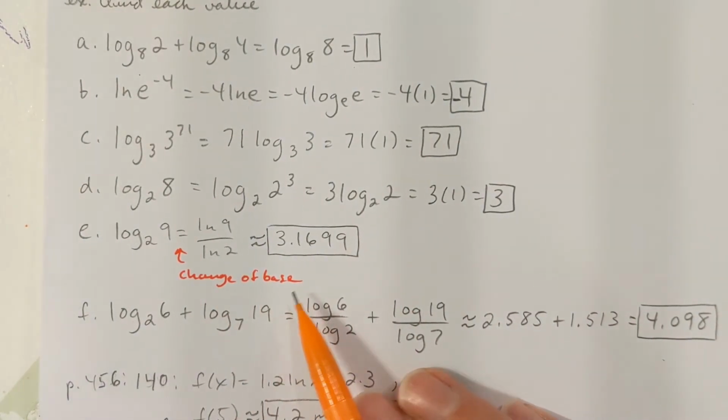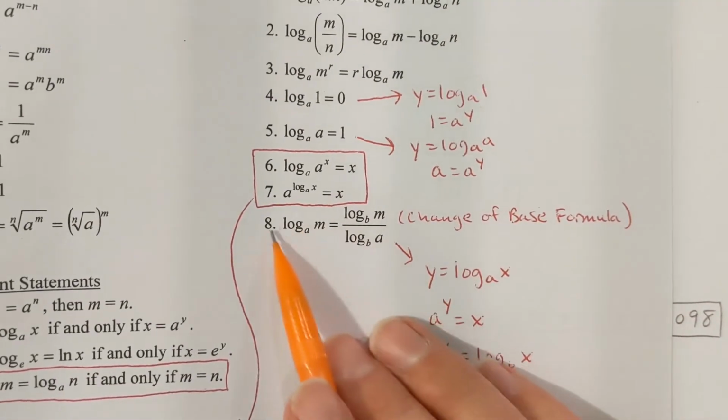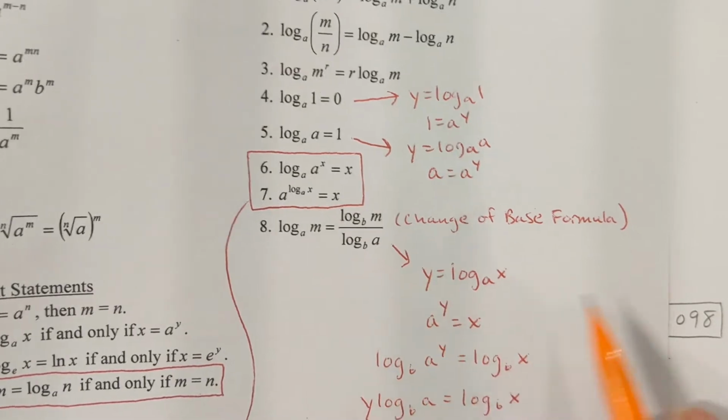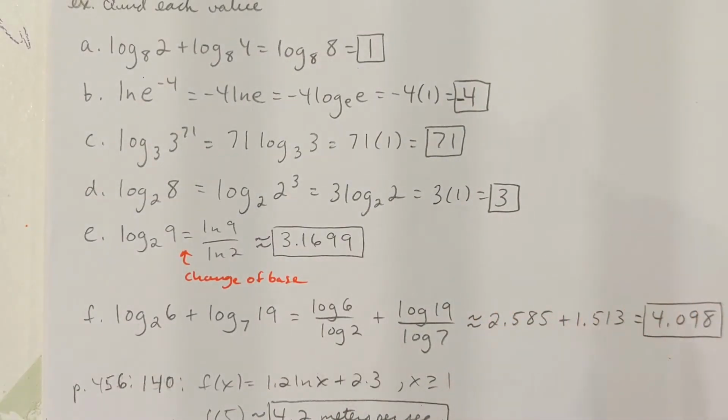The last law on that sheet there was the change of base formula. And I'm going to change the base here to make it a new base. Now when you use the change of base formula, typically you want to make the new base be either base e or base 10. It's not going to matter. I'll comment on that here in just a moment.